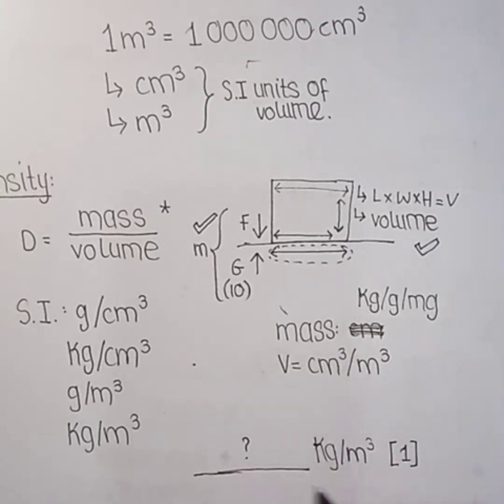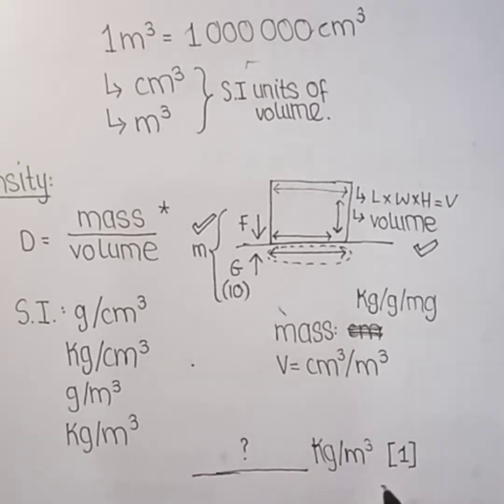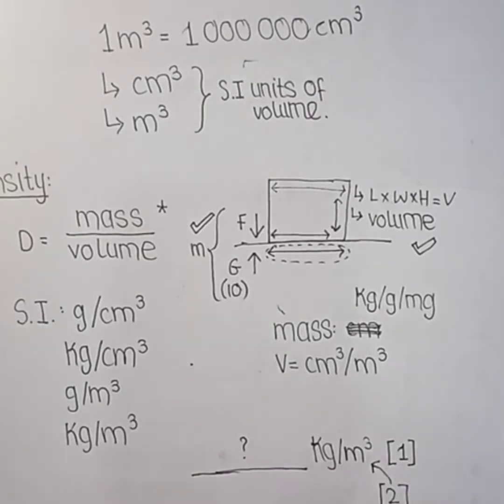This is the SI unit. That's why there will be 1 mark for the answer, not for the SI unit. But in this form, there will be 2 marks, meaning 1 mark for the SI unit, which is not written here. So I suggest you memorize these SI units, which are important.